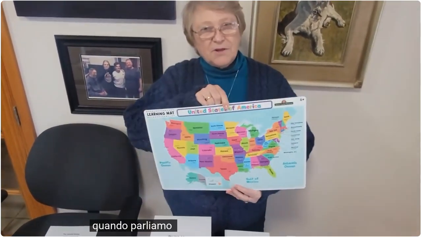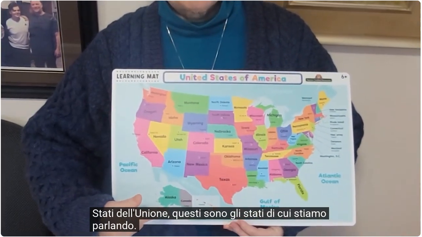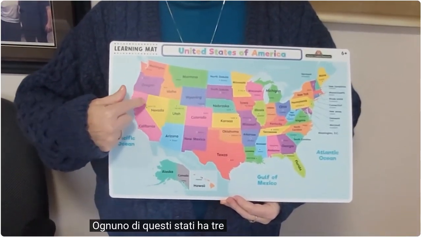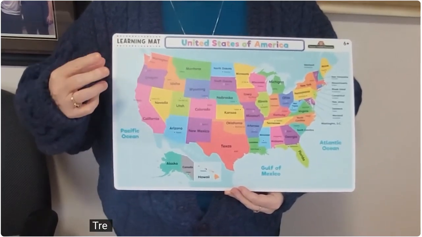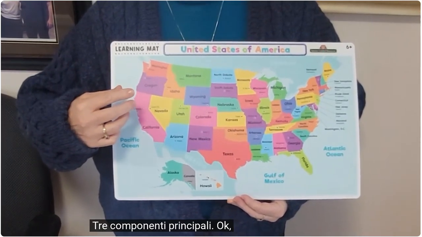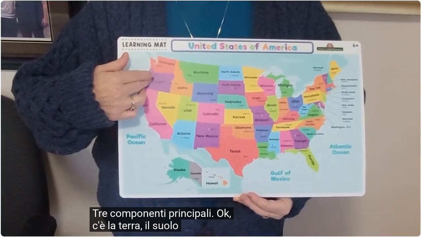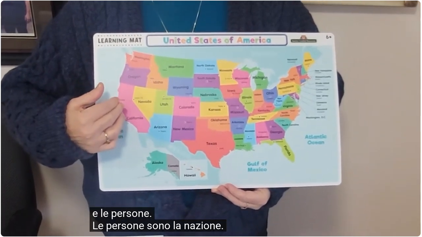When we're talking about the Union States, these are the states that we're talking about. Each one of these states has three primary components. There's the land and soil and the people. The people are the nation.